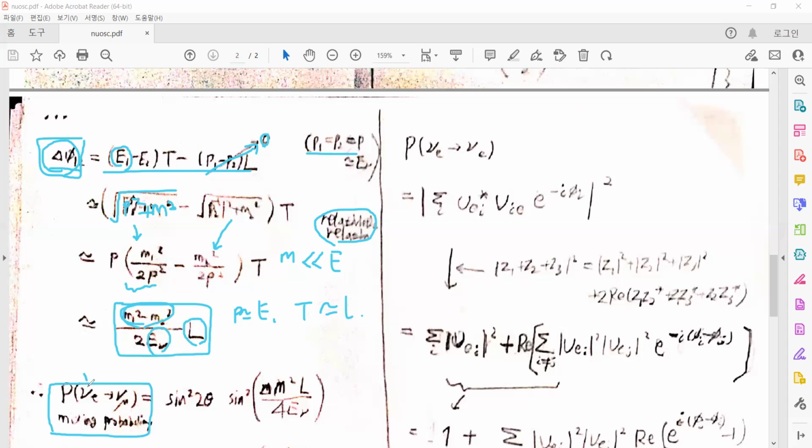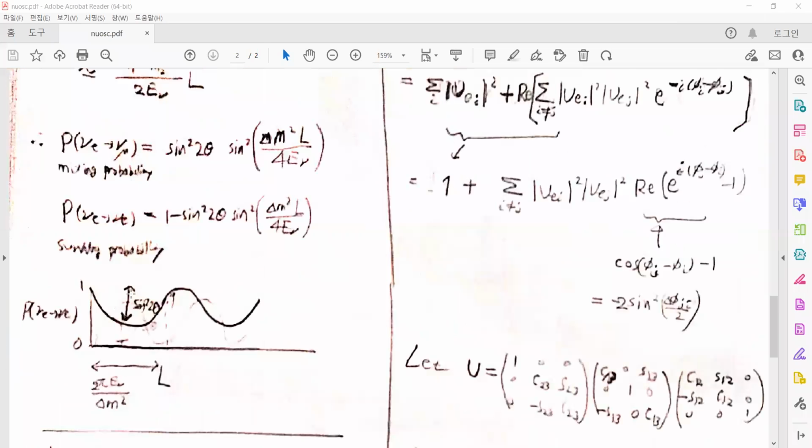At first, the initial state is an electron neutrino, but it will be converted into the mu neutrino with this probability. The first component is regarded as the mixing matrix component, and the second term depends on the mass scale difference, detected distance, and energy.